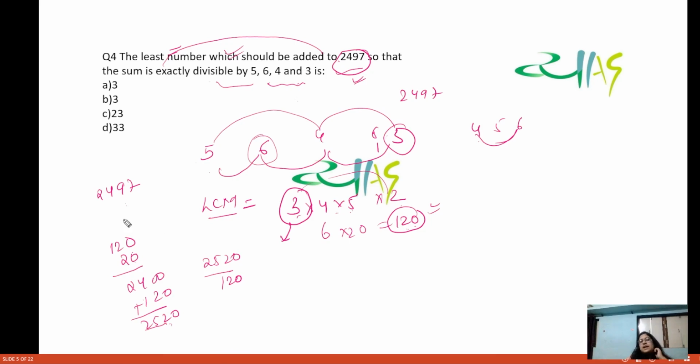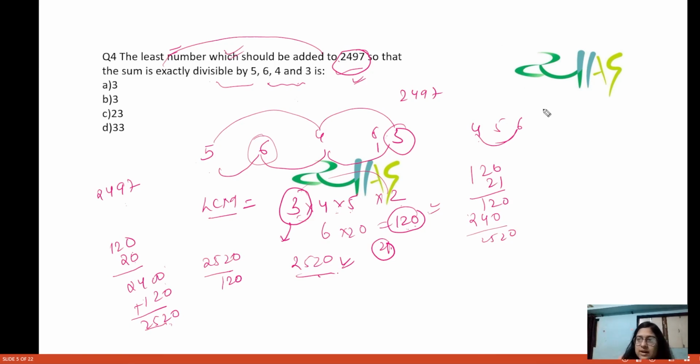Because I multiplied this number 120 by 20 and got 2400. If I add one more 120 here, then I get 2520. That means this number is divisible by 120 21 times. This is basically 120 into 21. We have to understand these concepts very nicely, then only we will be able to do this. So this becomes 2520.